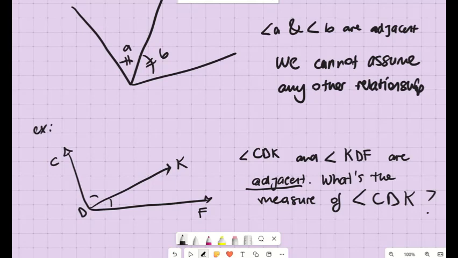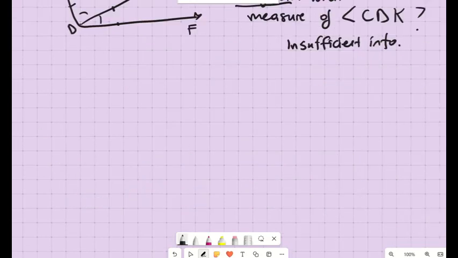If they don't tell me, or if they don't exactly mark this as a square like this, then I can't know that it is a 90 degree angle or not. So I cannot assume anything. This question will be irrelevant. We cannot solve this. Or you can say insufficient information.